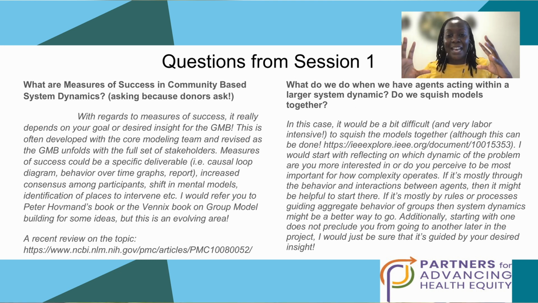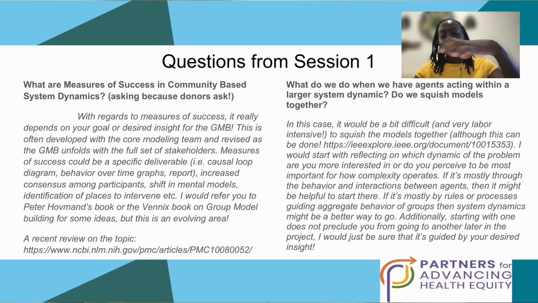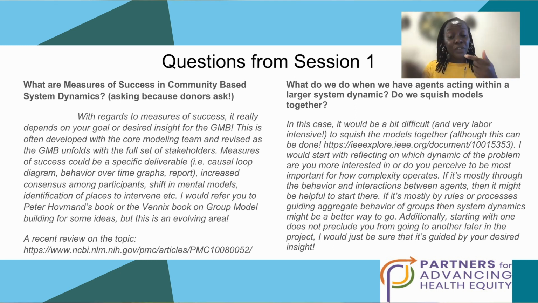Now, if you think that yes, there may be these agents operating, but it's really this larger aggregate system that is shifting the ways in which folks can move through a particular problem or decision space, and it's really the feedback between concepts or dimensions at this higher level that matters, then I would say start with the system dynamics level. And that's where you're really going to get the complex behavior insight that you need.